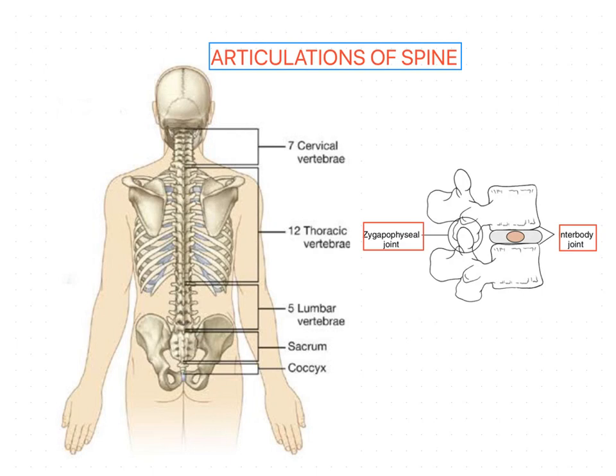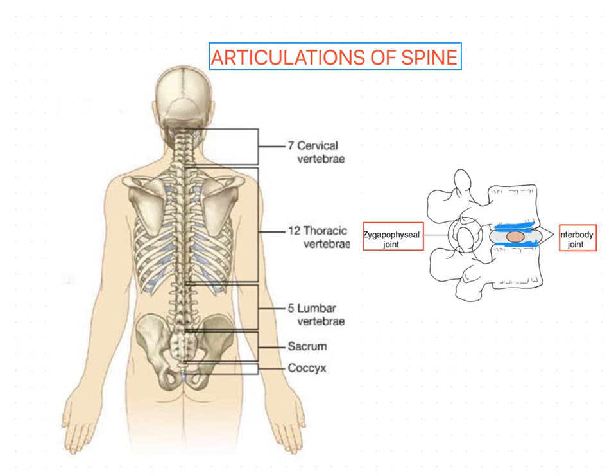Normally, these joints are present between the vertebral bodies, including the interposed intervertebral disc. Here and here, these are the interbody joints, that is, cartilaginous joints of the symphysis type.